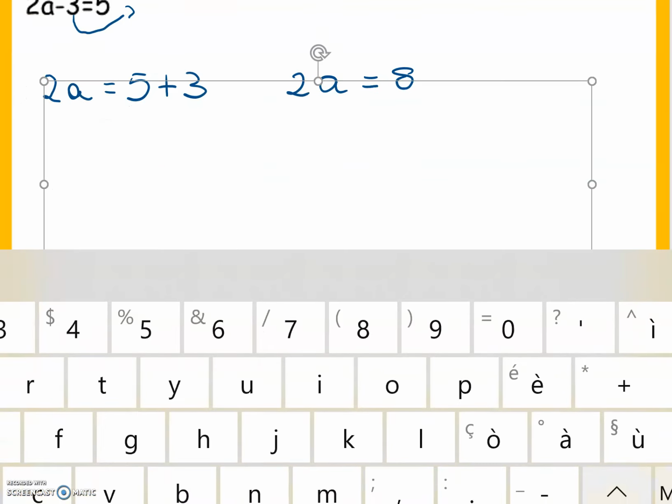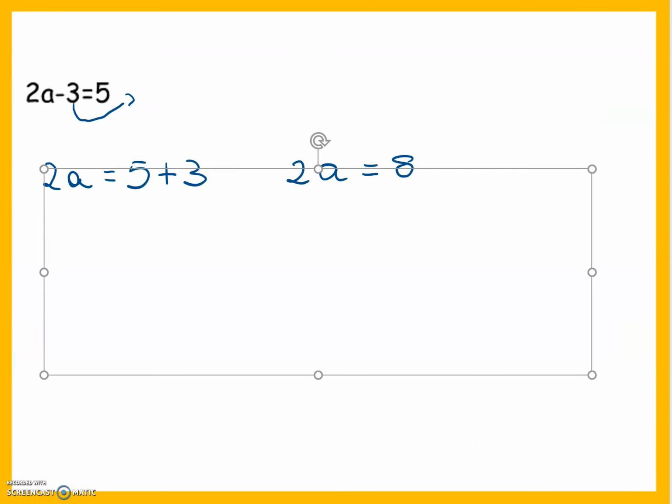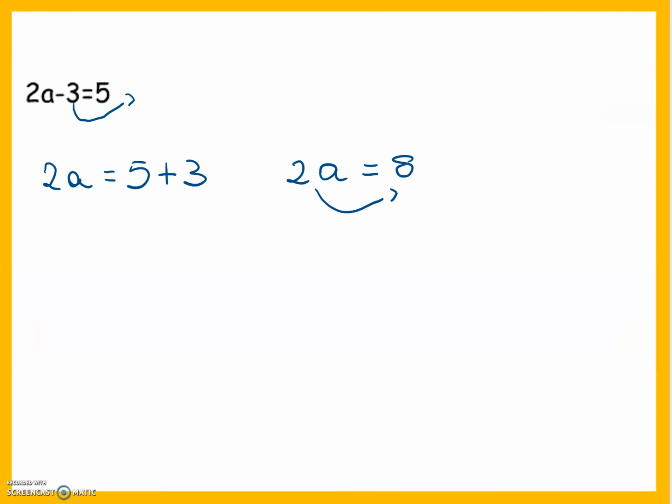Then my 2 goes down at the denominator of 8. So a is equal to 8 divided by 2. A is equal to 4.